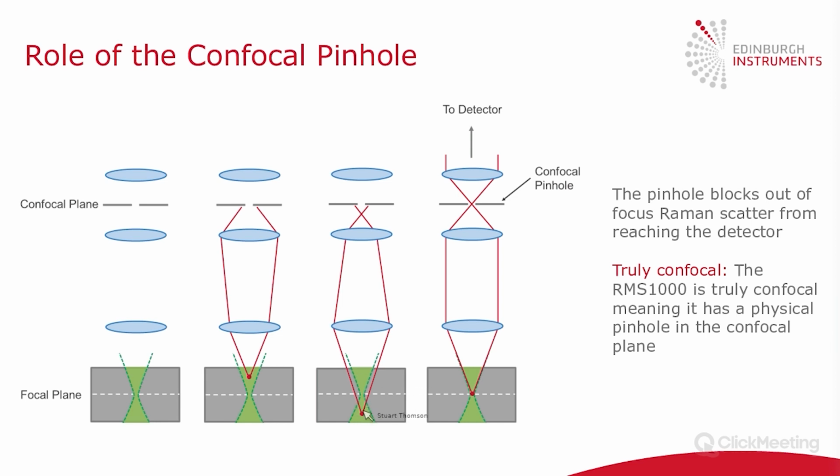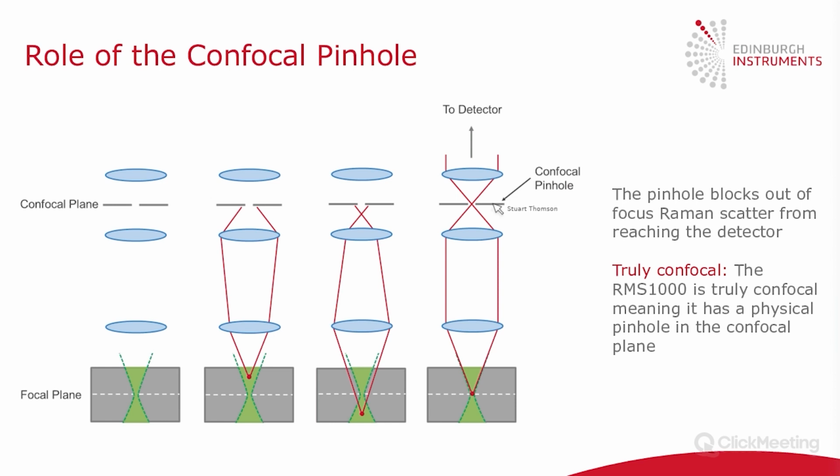The same when it originates from below, and it's only Raman scatter that originates at the focal plane or very close to it that is focused through the pinhole and can reach the detector. So the pinhole blocks the out of focus Raman scatter from reaching the detector and improves the axial resolution.